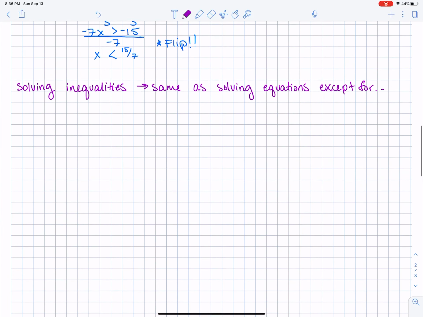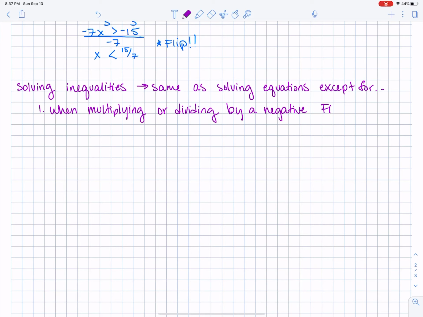Number one, when multiplying or dividing by a negative, flip the sign. Flip that sign when you're multiplying or dividing by a negative.